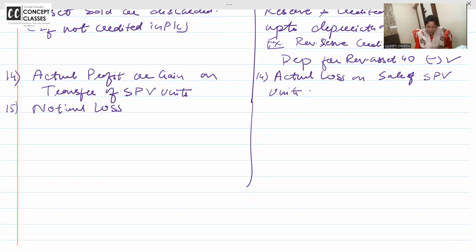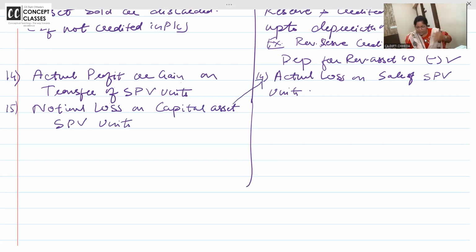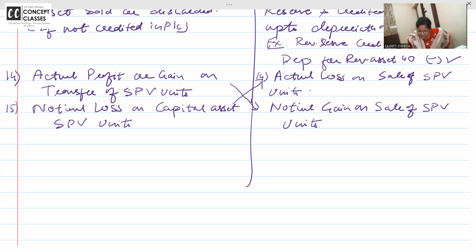Notional loss on capital asset, that is SPV units. If you have debited some notional loss on SPV units, add back. I want all of you to put an arrow mark like this. But actual loss, deduct. Same way, if there is actual profit, add it. And if there is a notional gain on sale or transfer of SPV units, minus it, deduct it.